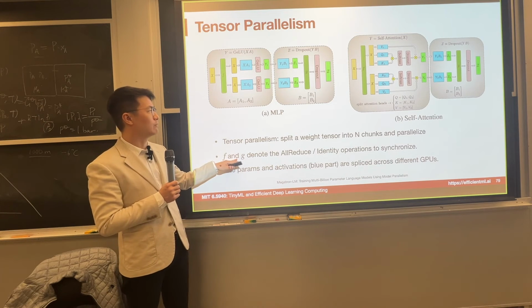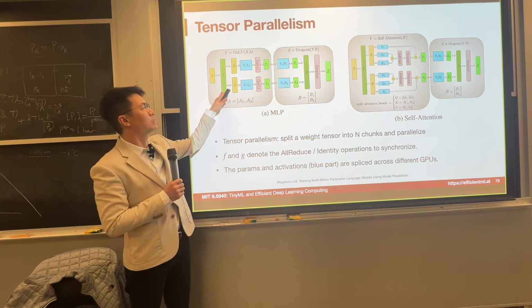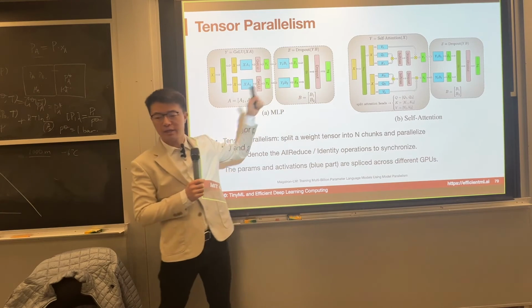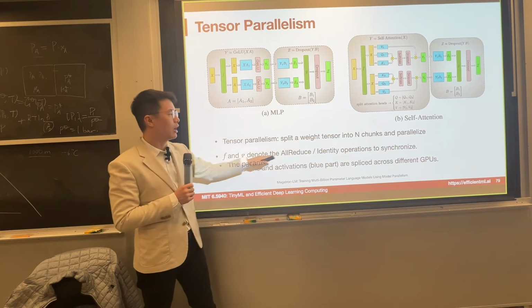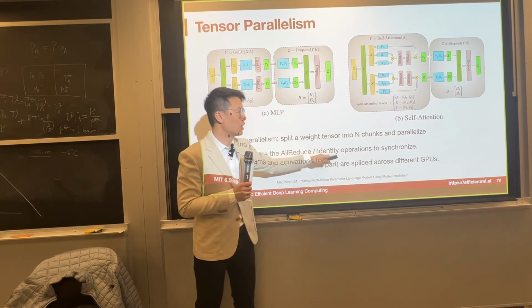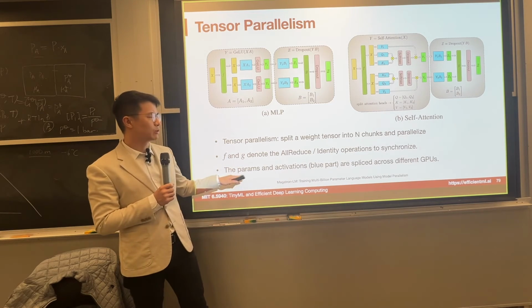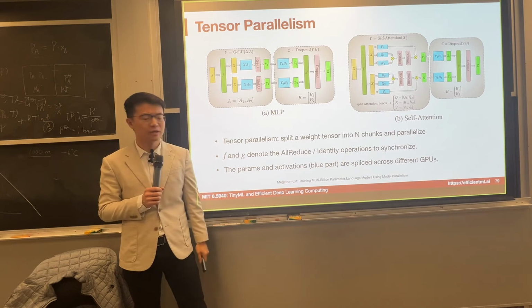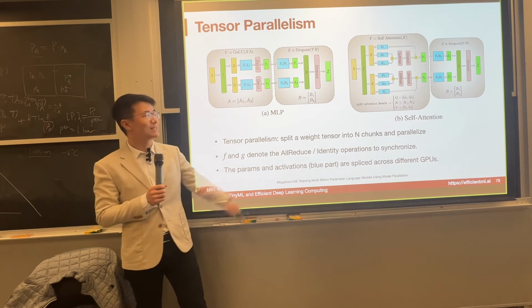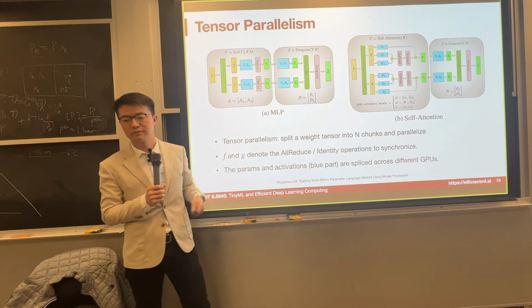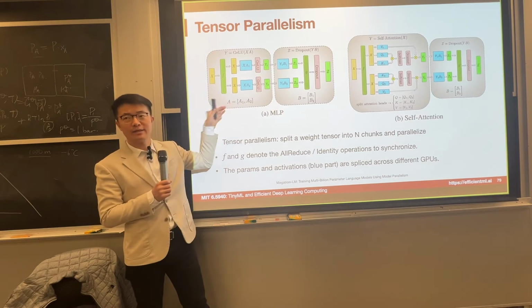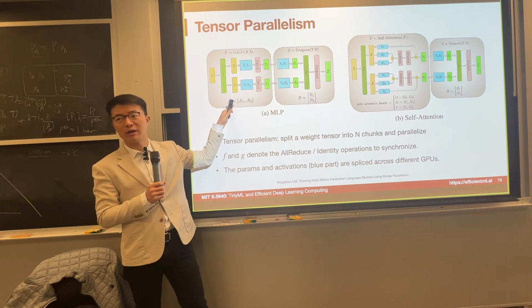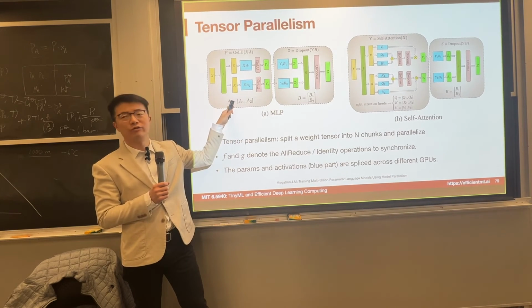So tensor parallelism, the definition is that we want to split a weight tensor into n chunks and then process them at the same time across multiple GPUs. And here, F and G in the figure denotes the all reduce and identity operations to synchronize. And the parameters and activations in the blue part are sliced across different GPUs. In this case, we have two GPUs. So A is actually the weight for the first layer of MLP.